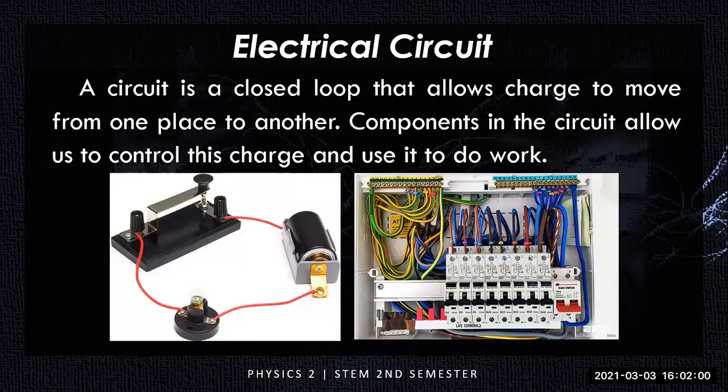In studying Ohm's law, we also need to identify what a circuit is. A circuit is a closed loop that allows charge to move from one place to another. So we can use a circuit to perform work using electricity.